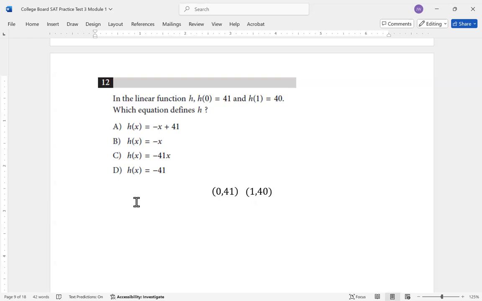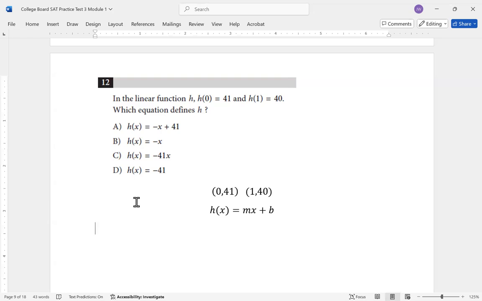We know it's linear, so it's going to look like y equals mx plus b, or h of x is equal to mx plus b, if you don't like to write the y.